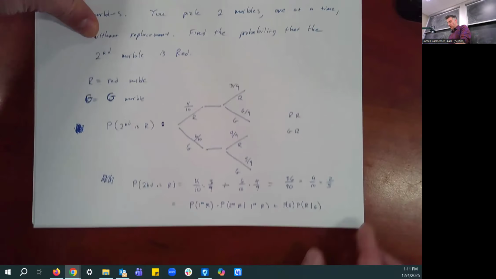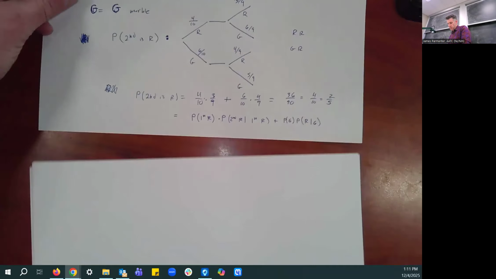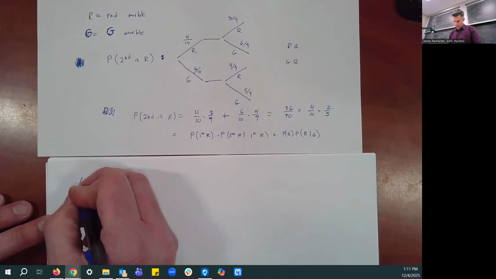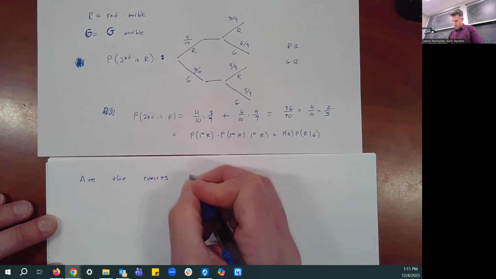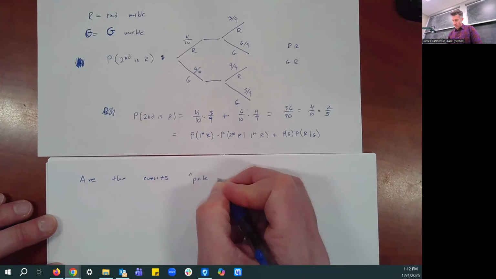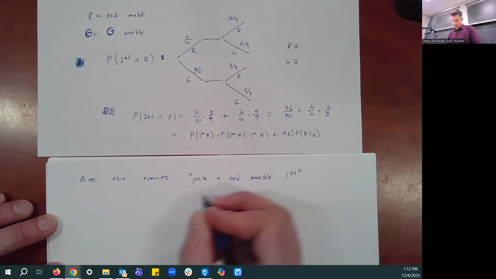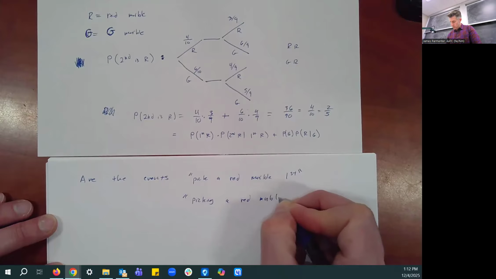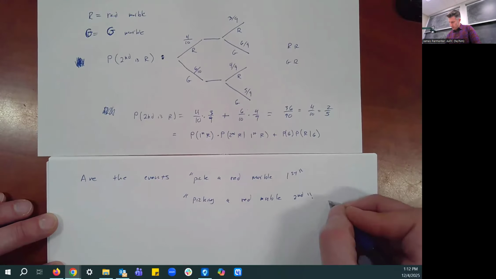And then the question that we really want to answer by doing all this is, are the events picking a red marble first and picking a red marble second independent?